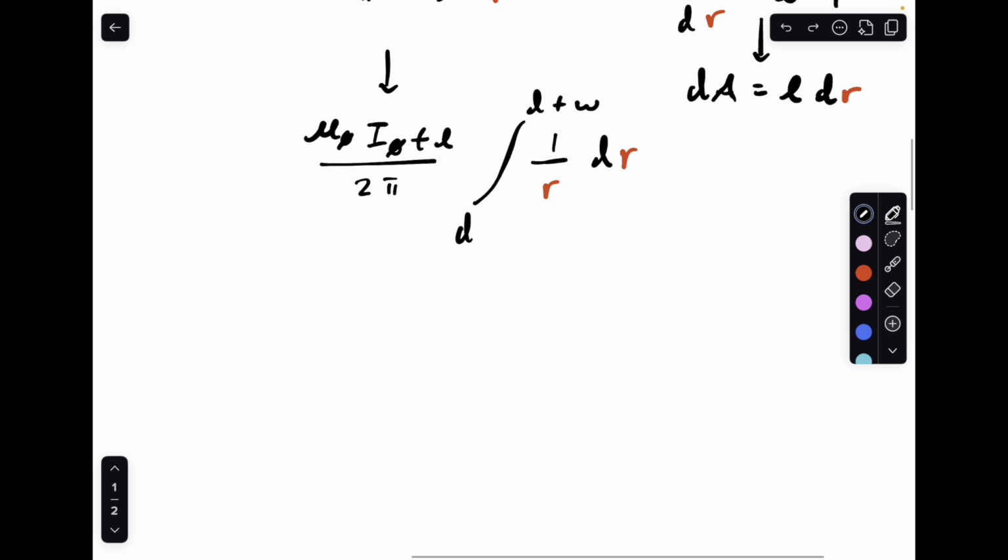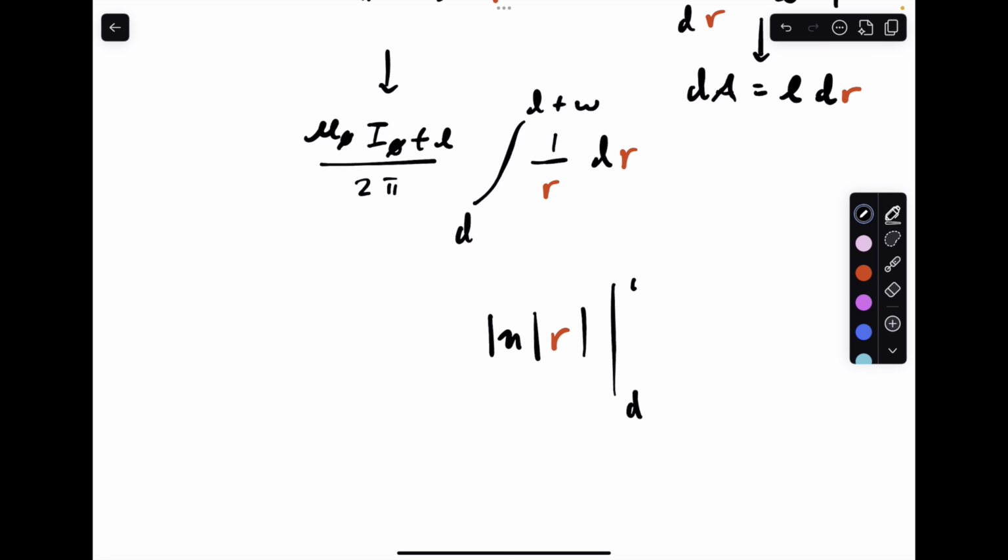So what I'm going to do now is evaluate this integral. If you remember, the integral of 1 over r dr is ln of r. And of course, it's a definite integral, so we have to go from d to d plus w. And now we'll keep these constants, mu naught, I naught, t times L over 2 pi.